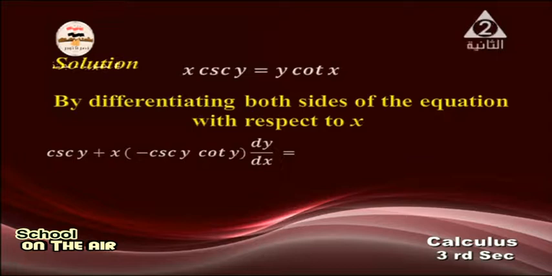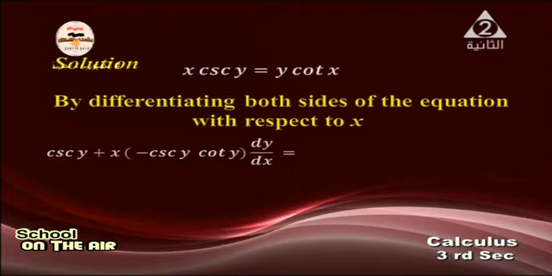The derivative of cosec y with respect to x is negative cosec y cotan y multiplied by the derivative of the angle. The angle here is y, and the derivative of y with respect to x is dy/dx. Then the derivative of the left hand side, x cosec y, is cosec y plus x multiplied by negative cosec y cotan y dy/dx.